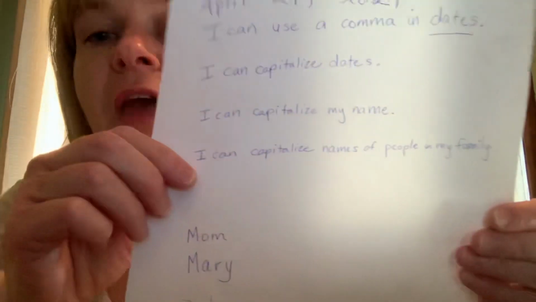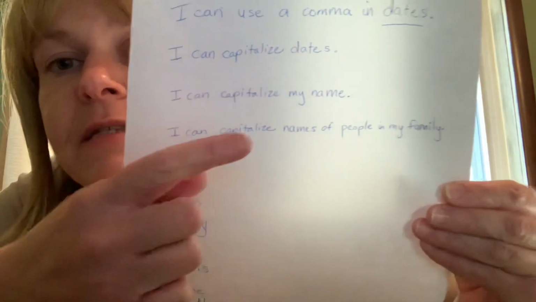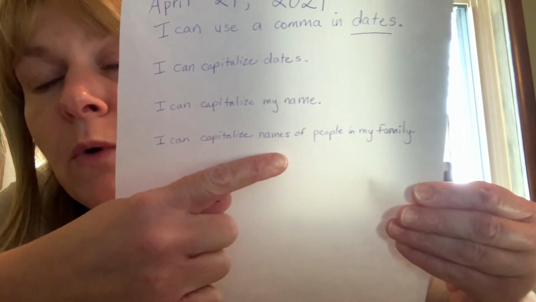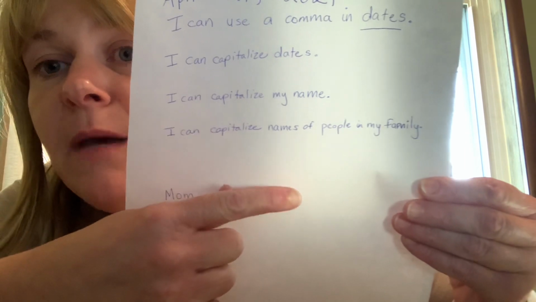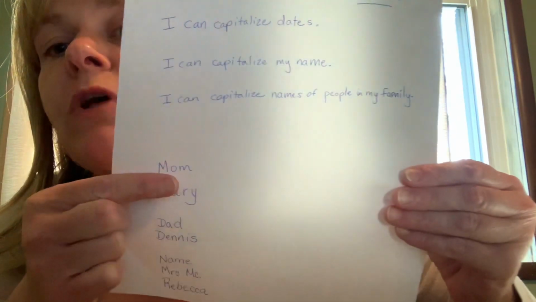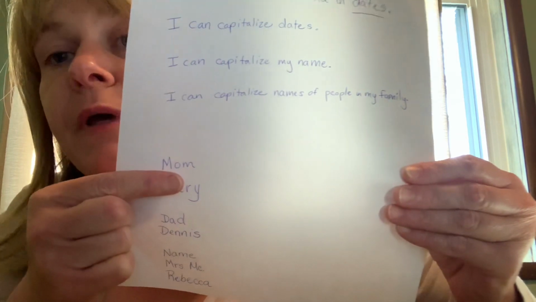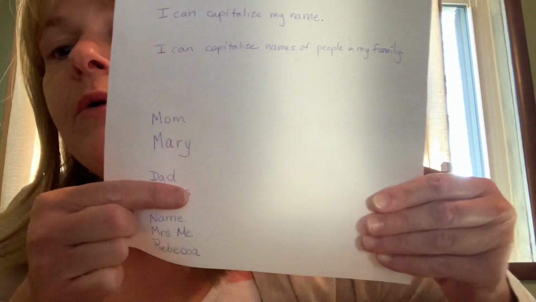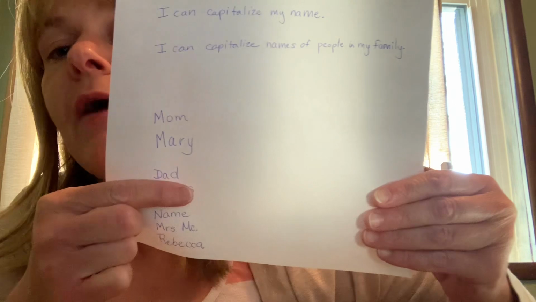The other thing is I can capitalize names of people, like people in my family. So for example, Mom would start with a capital M, and Dad would start with a capital D. Those are proper nouns.